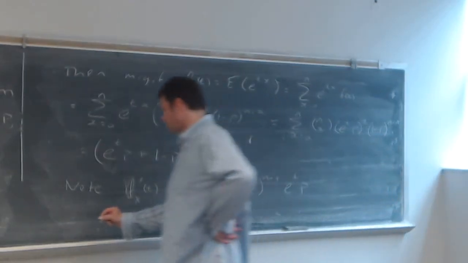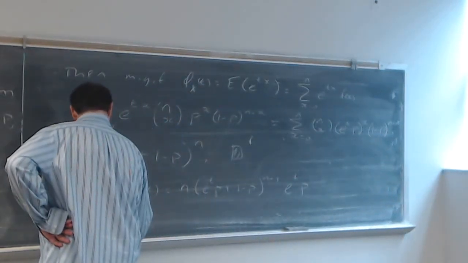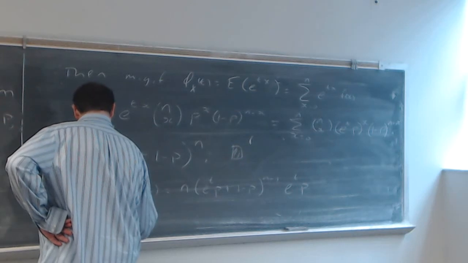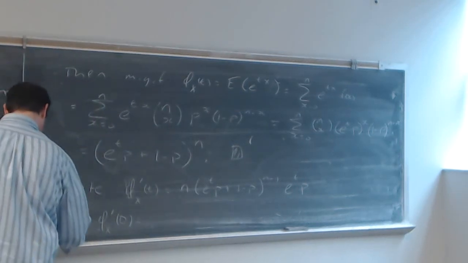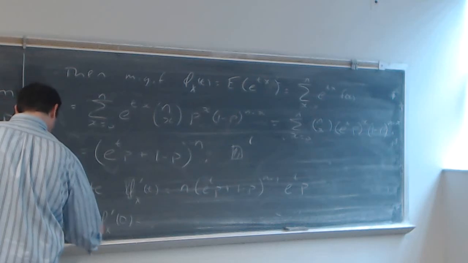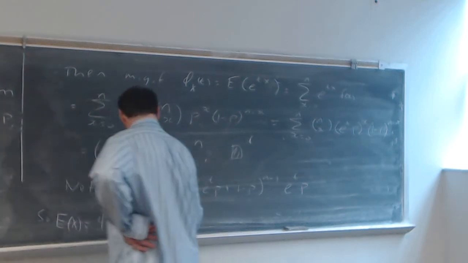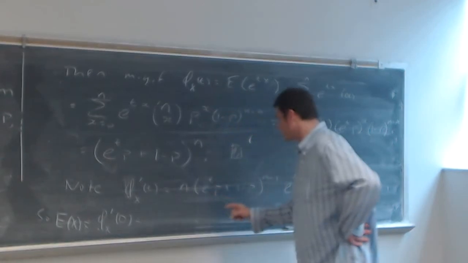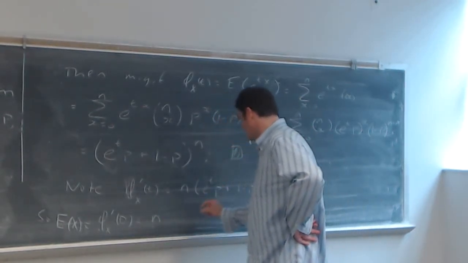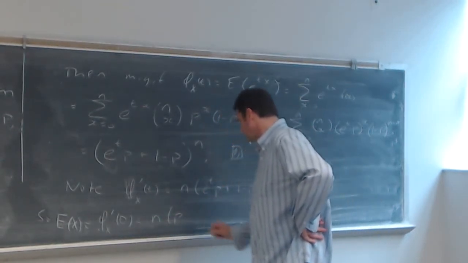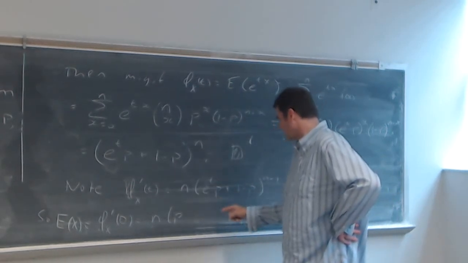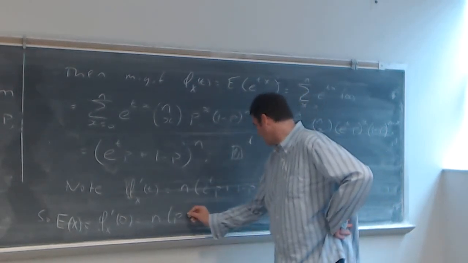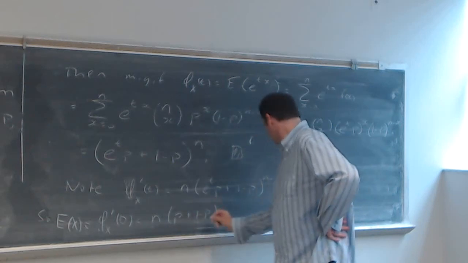So if I take this derivative and evaluate it at 0, remember that is the expected value of x. So let me write that down here. The expected value of x is the first derivative here. So I'm evaluating where t is 0. So this is n, this t is 0, so I get p, because e to the 0 is just 1. And then here's plus 1 minus p. Okay.